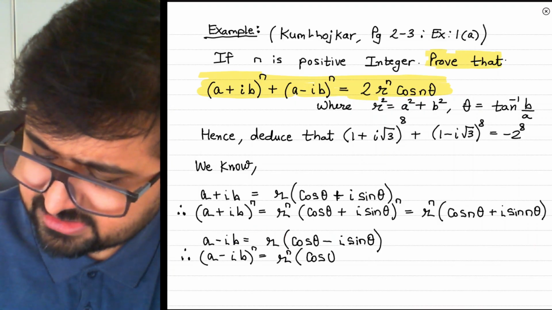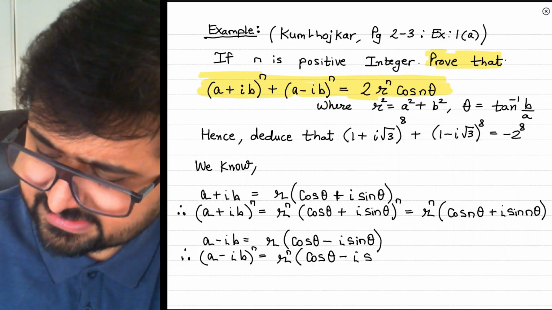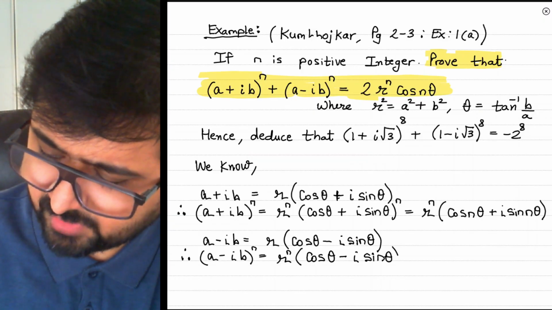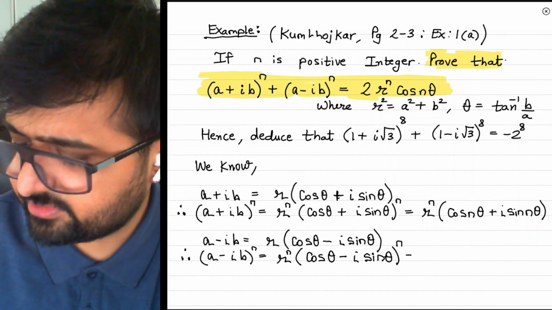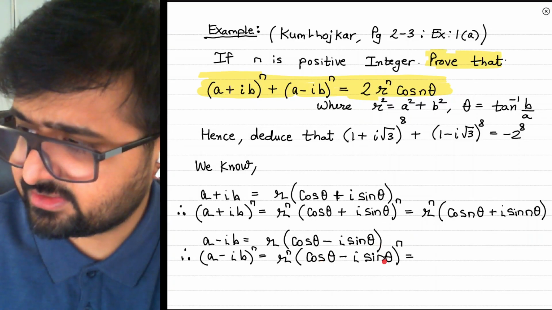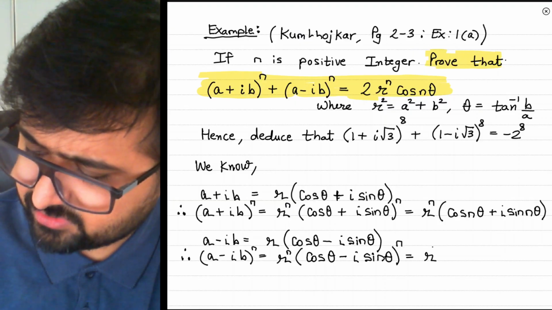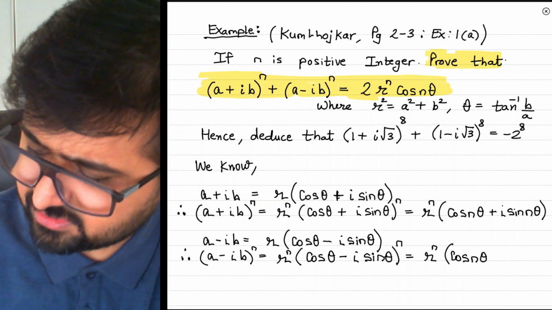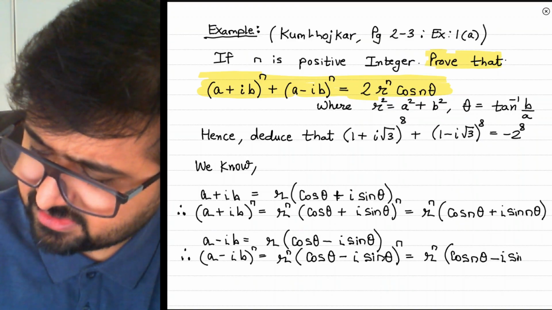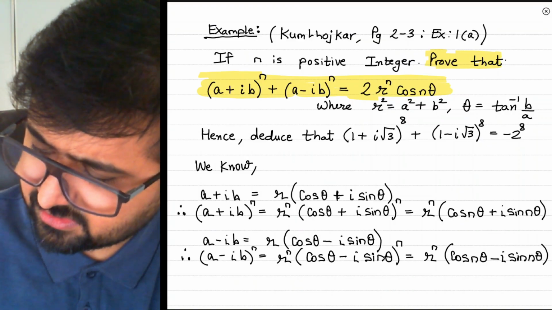Then you get (cos theta - i sin theta) to the power n. Now again, applying de Moivre's theorem here, just put that n in the angle. You get r^n (cos n theta - i sin n theta).